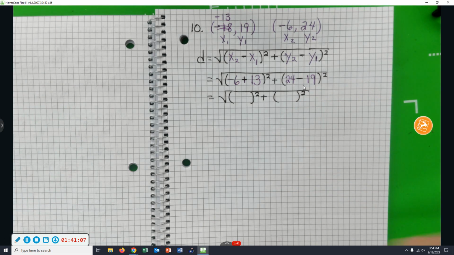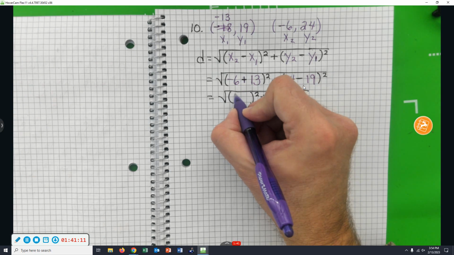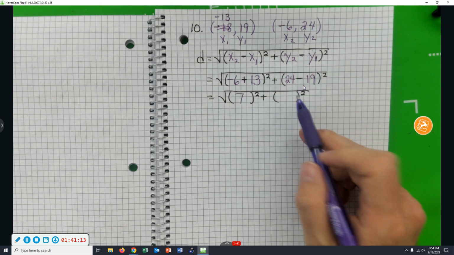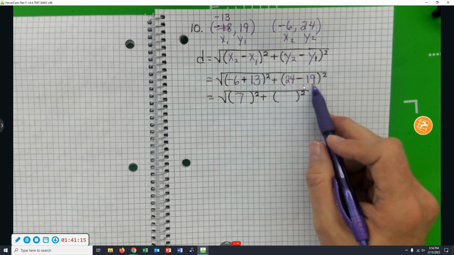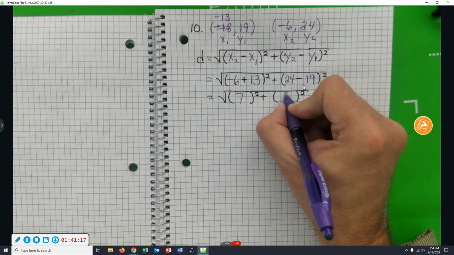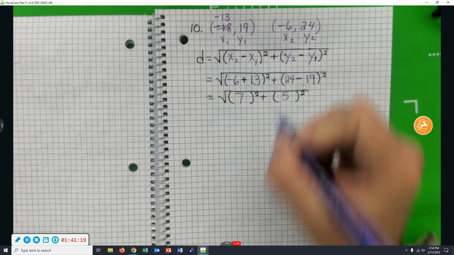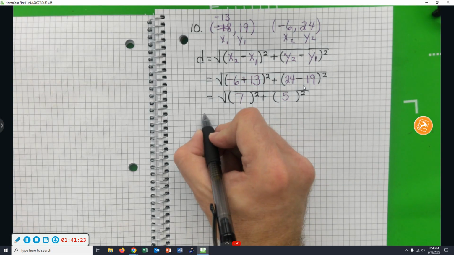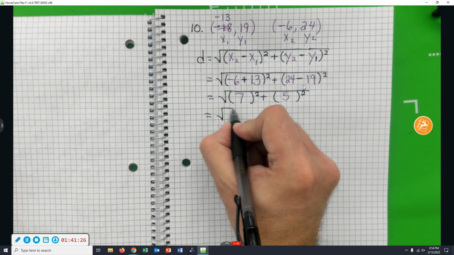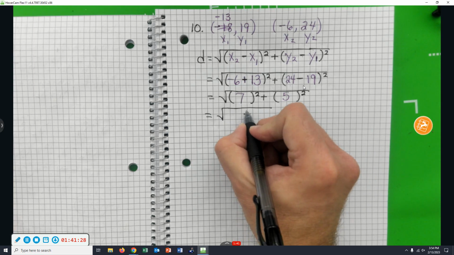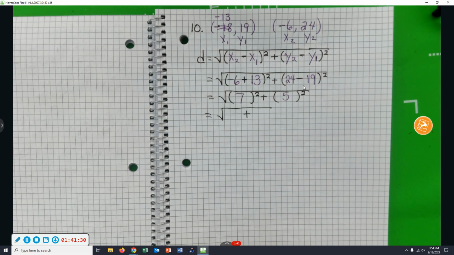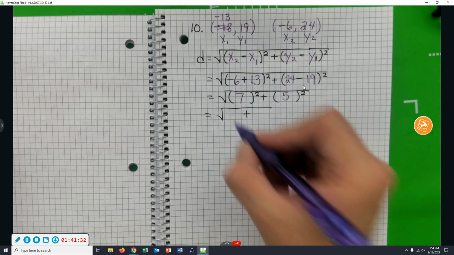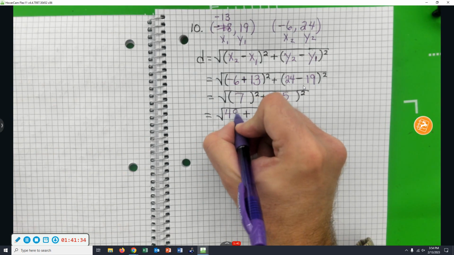Okay, so negative 6 plus 13, is that 7? What about this one? The 24 minus 19 is 5? Yeah. So 49 plus 25.